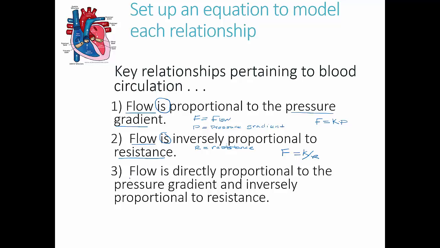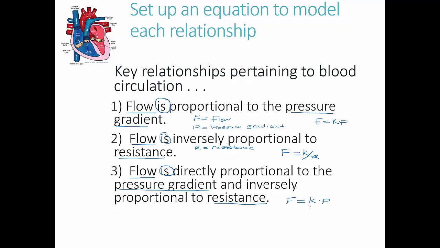The last one. Flow is my subject. Is the verb. Directly proportional to the pressure gradient, that's another variable. And inversely proportional to the resistance, that's my other variable. So I have flow, subject, equals verb, always followed by K. It is directly proportional, so multiply times pressure.